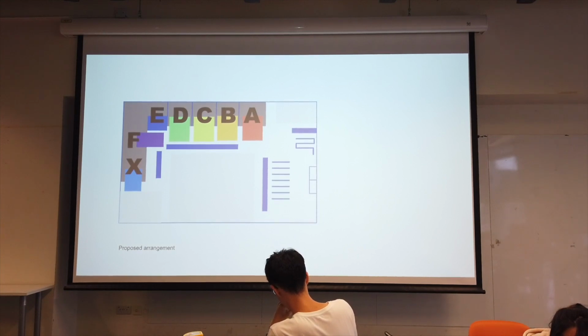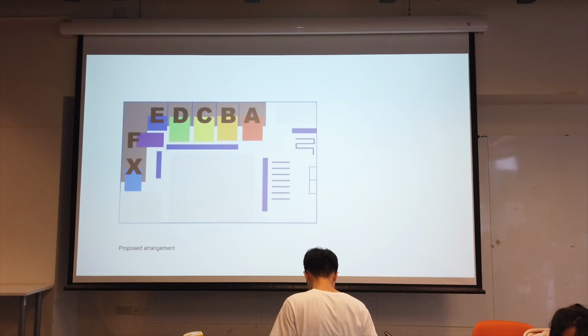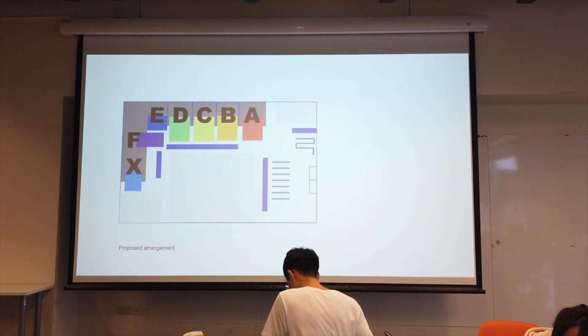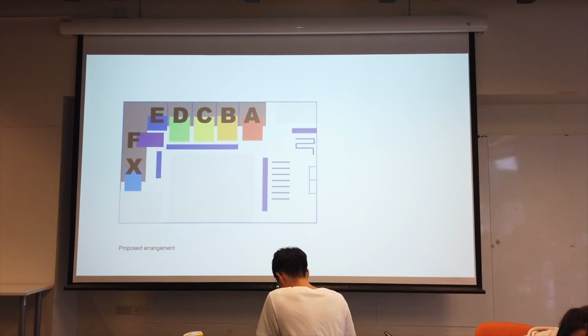Like now in the canteen, we have the Korean cuisine. However, no one has noticed it or knows where it goes. So for the X, it means that you can buy seasonal or special additional food there. So the color can help the user to distinguish different food.